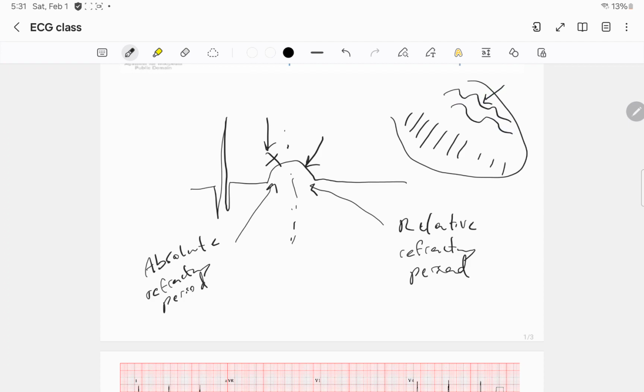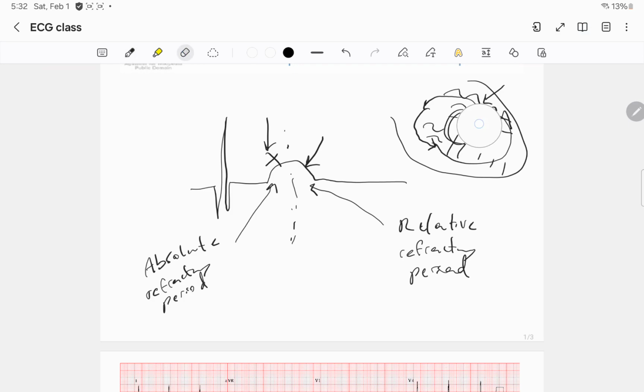So this part of the ventricle can conduct an electrical impulse, and by the time it gets to this part of the ventricle, it has started to repolarize as well, and so the impulse can conduct and it will go in that fashion, forming an electrical circuit where it goes round and round and round, resulting in a tachycardia.